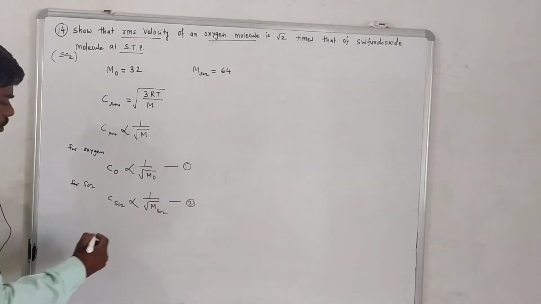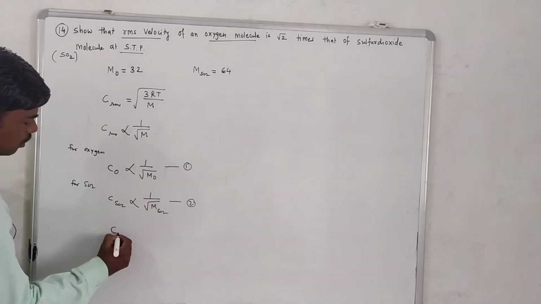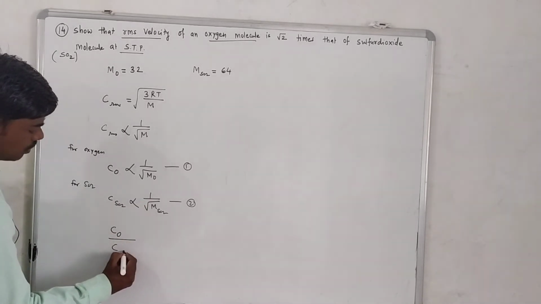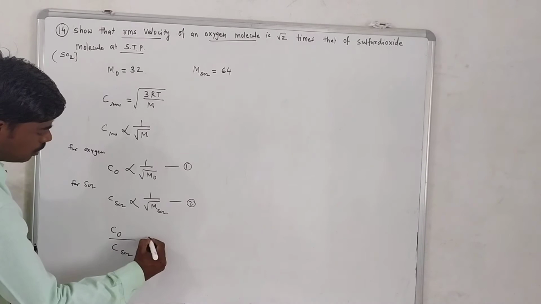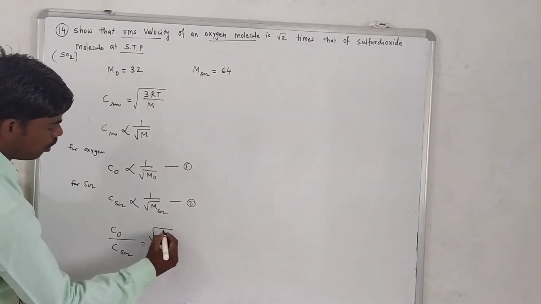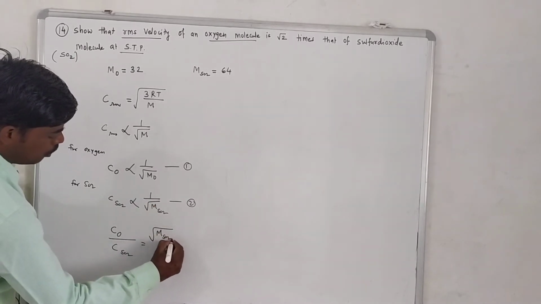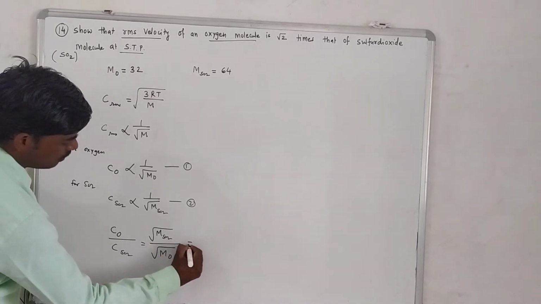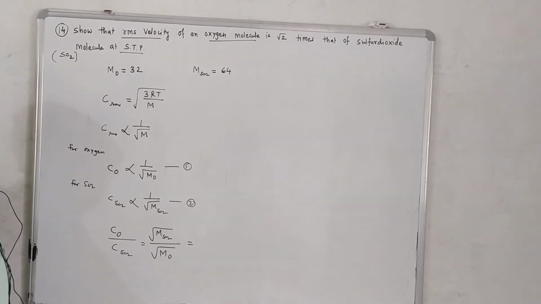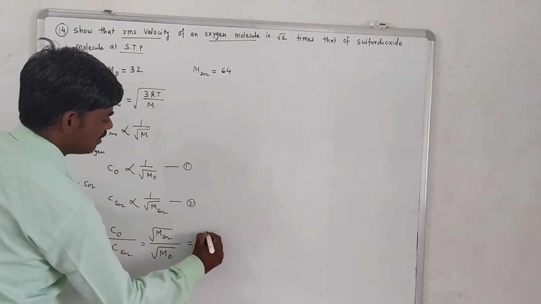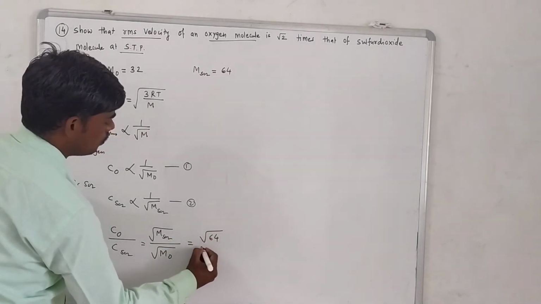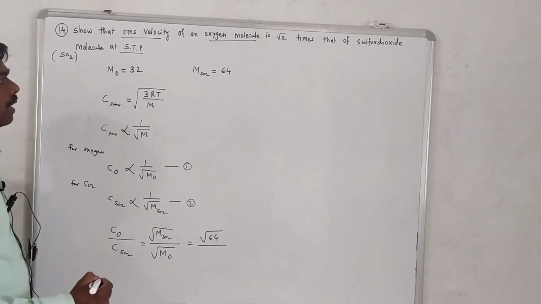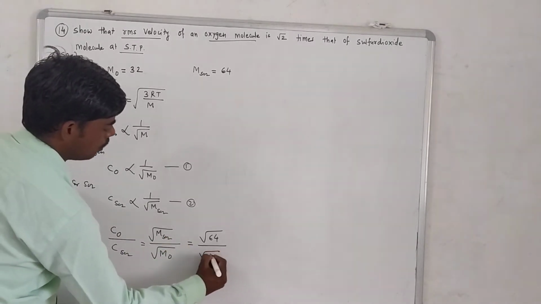Take the ratio directly. Divide equation 1 by 2. C_O upon C_SO2 is equal to the square root of the molecular weight of SO2 divided by the molecular weight of oxygen. The molecular weight of SO2 is 64, so square root of 64 divided by square root of 32.